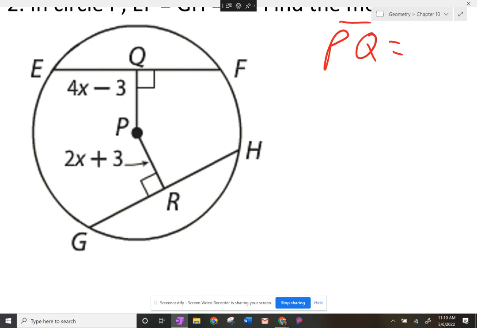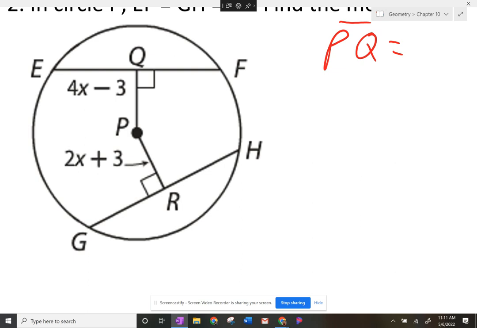Then you just plug it back in. You're probably making it way too hard.